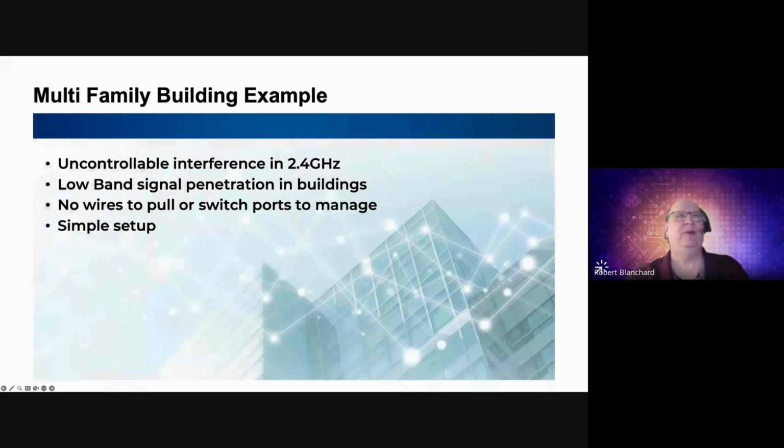Next slide, please. And I'm going to use a couple of examples here. So, for example, multi-building or multifamily building examples. What are the challenges you encounter when you're doing something like that? Well, first of all, you don't control the Wi-Fi networks in these places. Tenants are going to do their own thing. So 2.4 gigahertz is crowded.